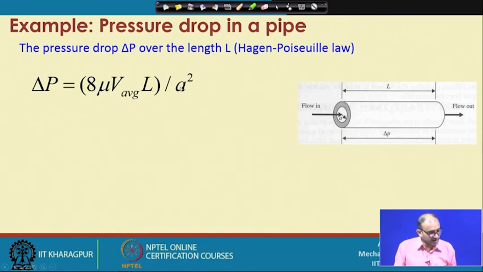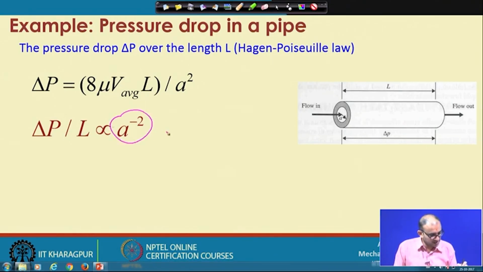Again, A square is coming as a denominator here, right. Now consider pressure drop per unit length. We are considering length, but length is not part of the length scale; we are considering it as unit length. So it will be A raised to minus 2.